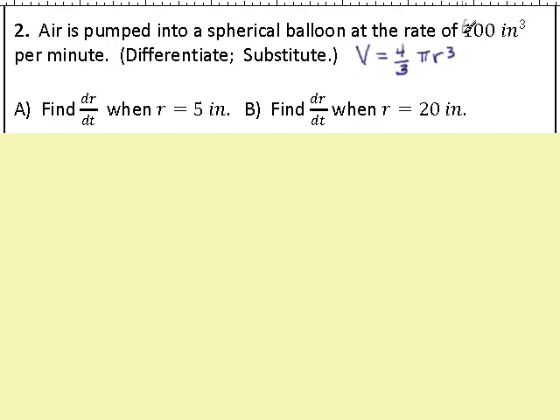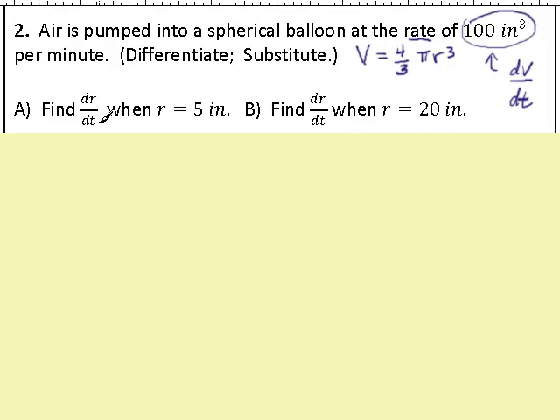This 100 represents how much air is pumped into the balloon, so that's how quickly the volume is changing. The word rate tells us that we're talking about a derivative of one of the variables. In this case, the 100 cubic inches refers to the rate that the volume is changing. So that 100 is dV/dt.